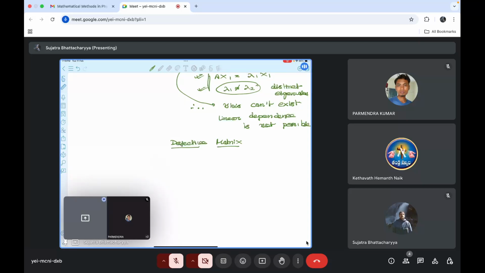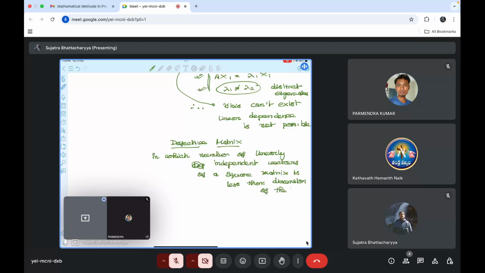So a defective matrix is that matrix in which the number of linearly independent vectors of a square matrix is less than the dimension of the matrix.